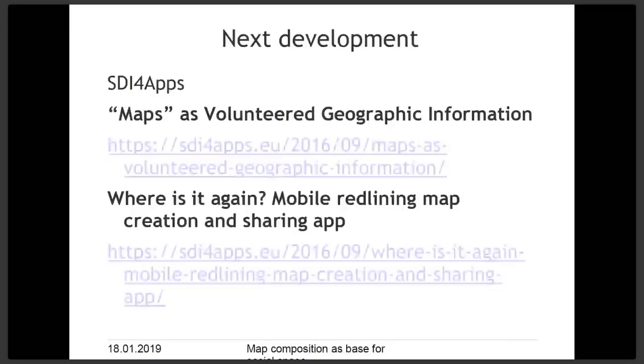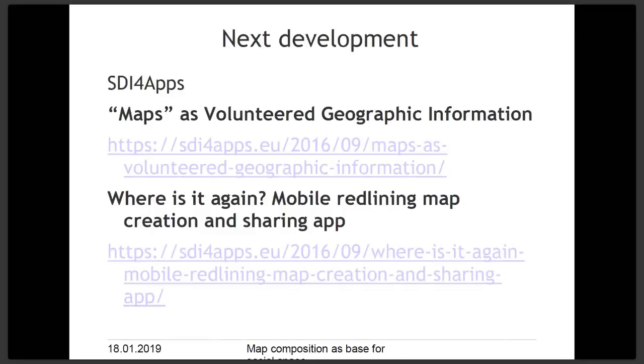Later, we started to extend this idea in two projects. The first was SDI4Apps, where you can look on the blog for some articles explaining why this map composition is needed and how it can help share information. If we are speaking, for example, about citizen science or voluntary data, we can think not only about collecting points and displaying points, but about sharing the map.